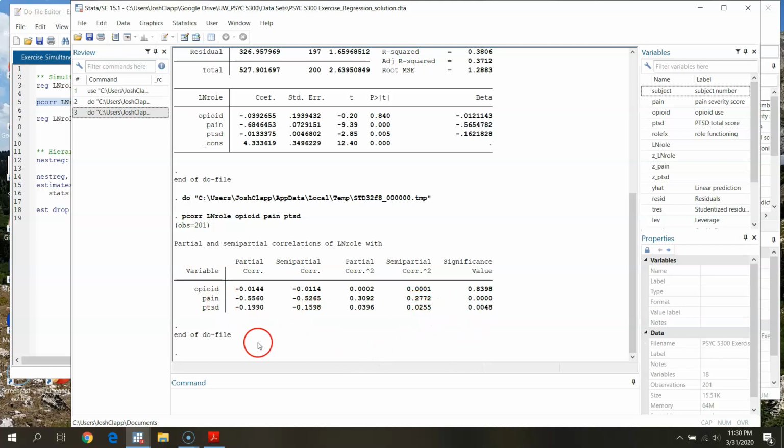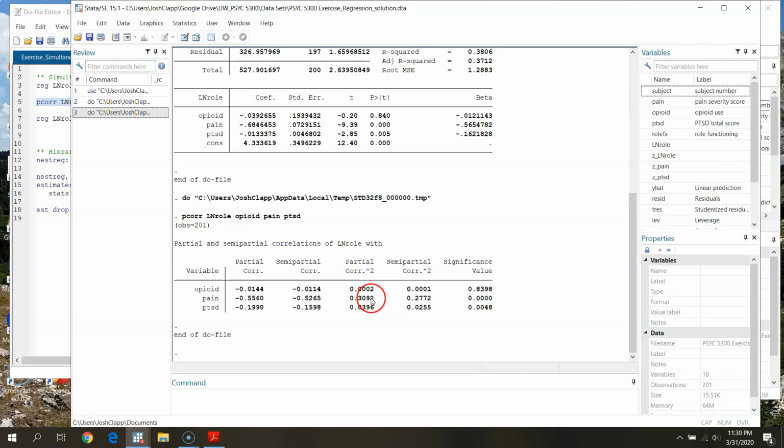So if we look at our pain variable, if we square our semi-partial correlation, we get a value of 0.277. What this would suggest is that within these data, pain uniquely accounts for about 27.7% of the total variability in the natural log of role functioning.